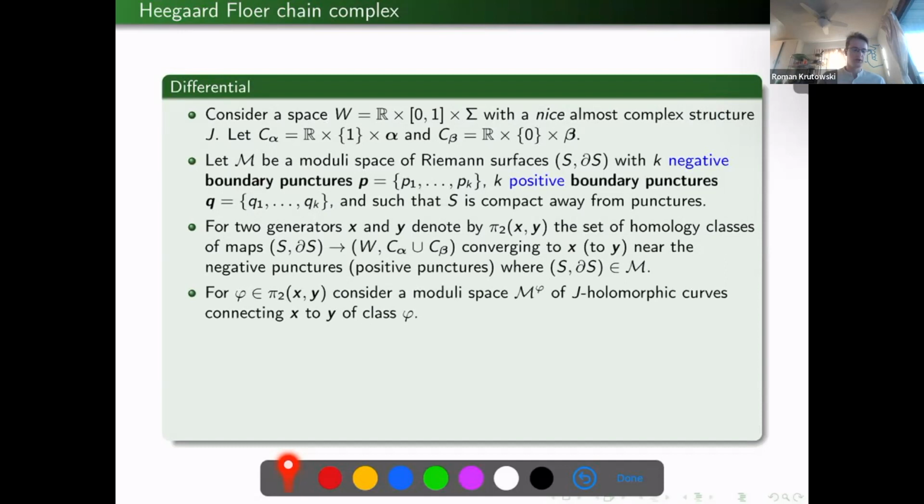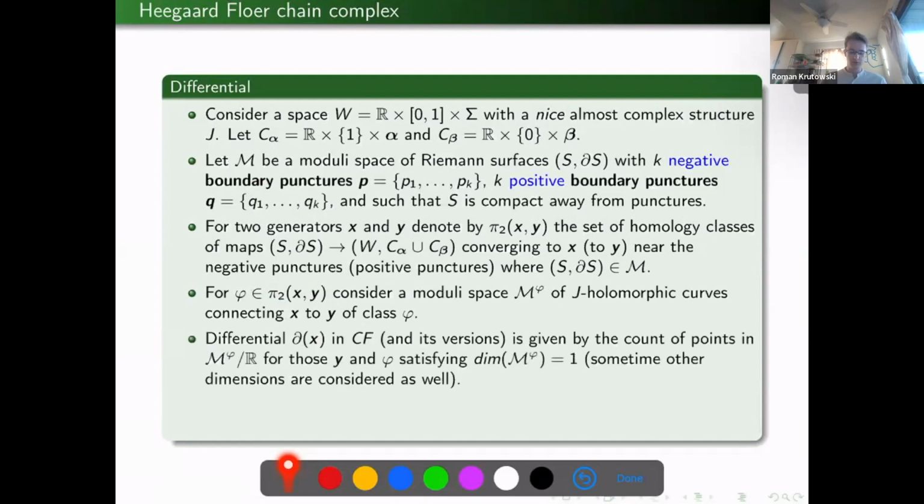We can then pick a class phi in this homology group and associate a moduli space of J-holomorphic curves connecting x to y, so curves in this class solving some d-bar equation.